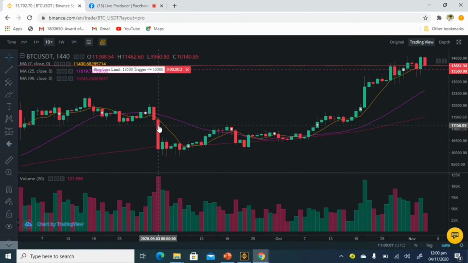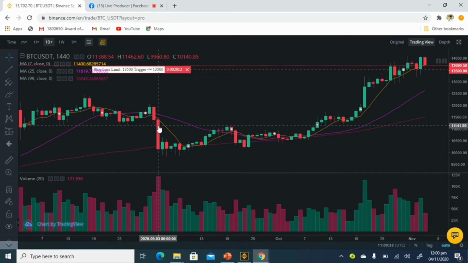Now we are considering 1 day. So the moment that day started, at what price did Bitcoin open that day? This particular day, you can see the date down here, is 3rd of September, 2020.